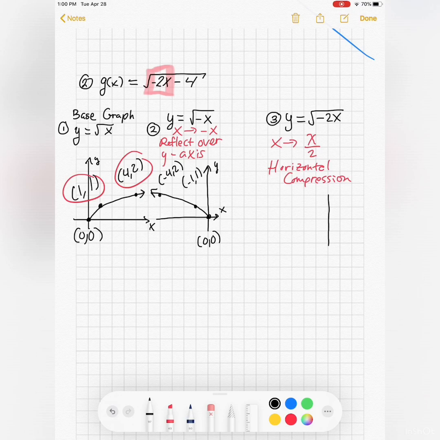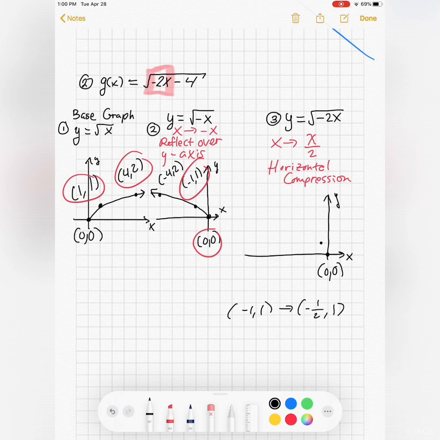Okay, so set up a coordinate plane again. And then let me look at my points. Okay, 0, 0's not gonna move. -1, 1. So -1, 1, I'm gonna divide the x by 2.